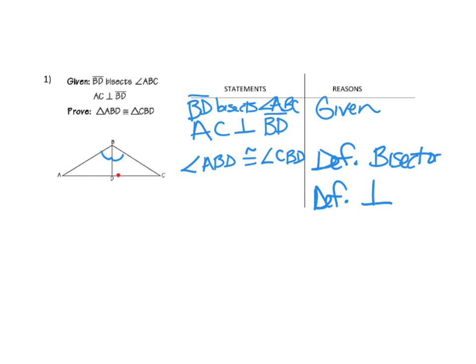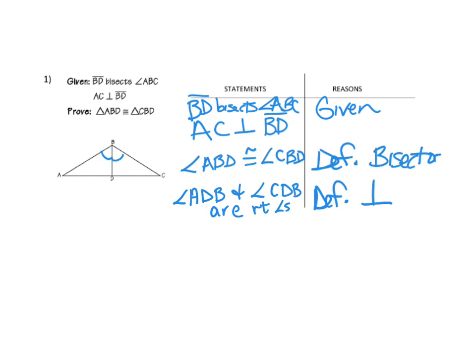Let's go ahead and write both of them so that we're on the safe side. This would be a right angle and this would be a right angle because perpendicular lines form right angles. So I'm going to say angle ADB and angle CDB are right angles. That's what the definition of perpendicular says. If you have perpendicular lines, they form right angles.